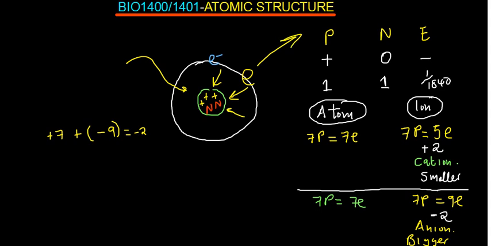The electrons want to go in one direction, and the protons want to pull those electrons, but because there are a lot more electrons than protons, the protons are overcome. That's why the atom ends up becoming bigger. Is that okay? Do you have any other question?